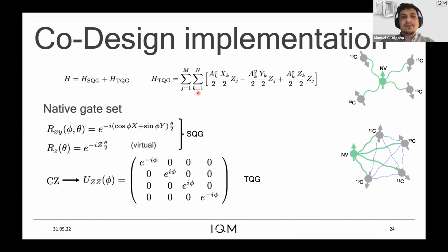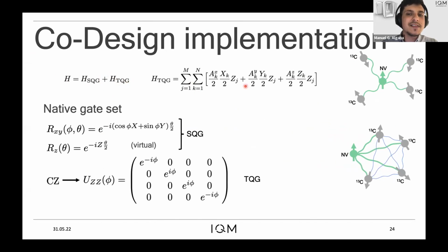So now, the Hamiltonian can be split, as I said, with Trotter. We are going to split it into a single qubit gate part and then the two qubit gate part. The single qubit gate part is very easy to implement. There are not many nasty things that you have to do, while the two qubit gate part is going to be a bit more challenging.